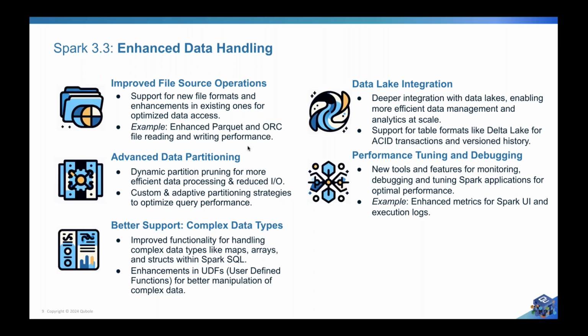I will talk about that in a couple of seconds. Then data lake integration. There are deeper data lake integrations. There are a lot more data sources which are added. Better support for data lake ACID transactions and version history, which will make sure that your data lake and your querying capacity with Spark 3.3 improves.